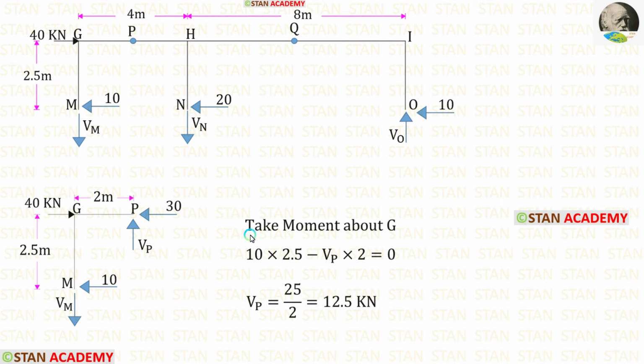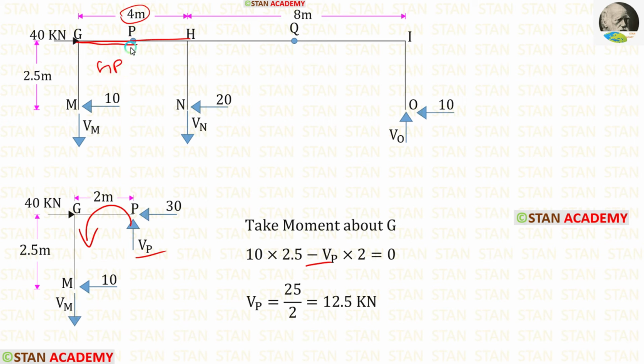Now, let us take moment about G and find out VP. Let us keep clockwise as positive and anti-clockwise as negative. This force is acting in the clockwise direction, so it will be positive and the distance is 2.5. VP is acting in the anti-clockwise direction, so it will be negative. Length of GH is 4 meter, but we need GP.